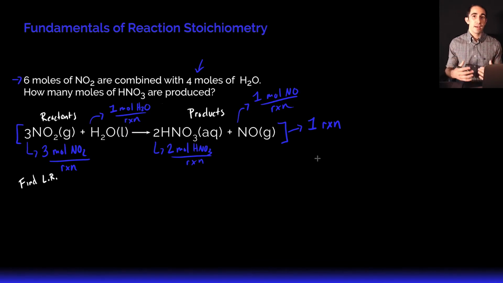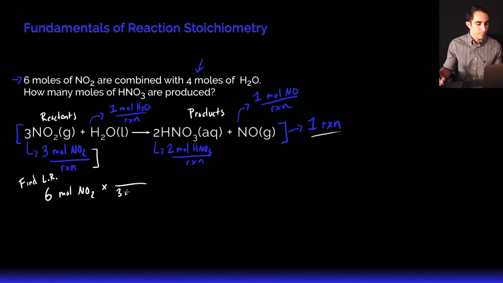And the way I'm going to do that is I'm going to figure out how many reactions I can run. Remember that this recipe that I have written here is one reaction. And so if I take the 6 moles of NO2 and I want to figure out how many reactions I can run, well, look at these units right here. It takes me 3 moles of NO2 to run one reaction.